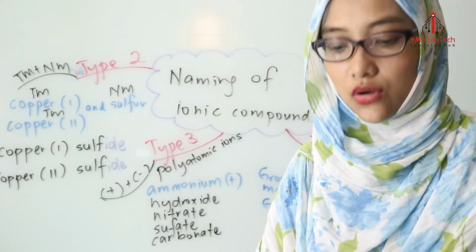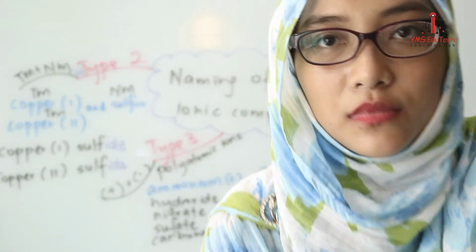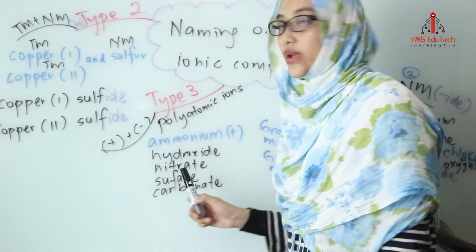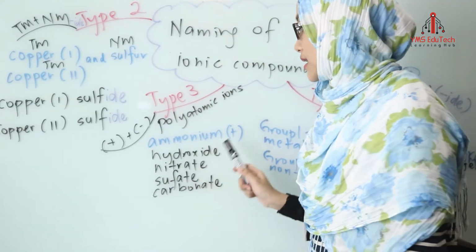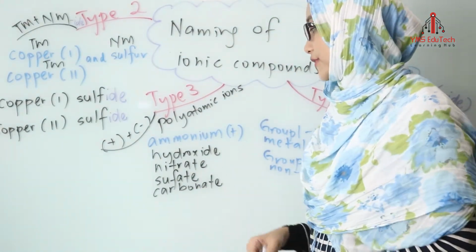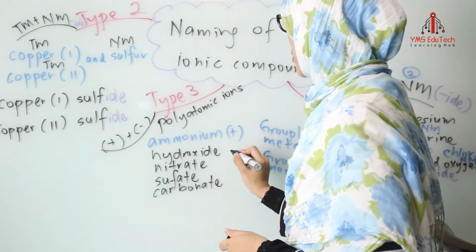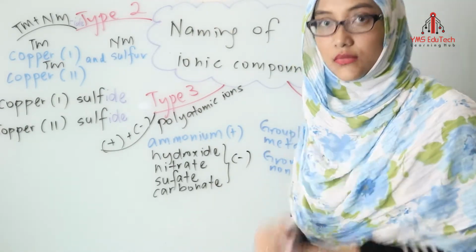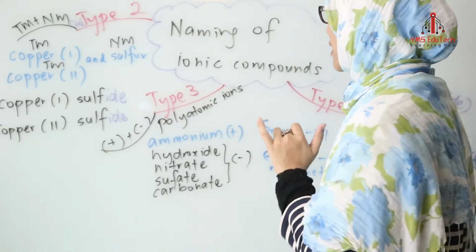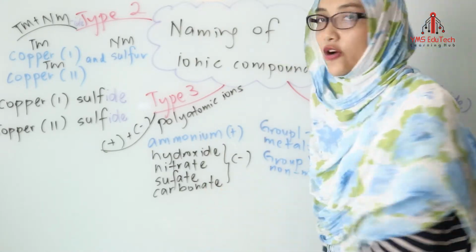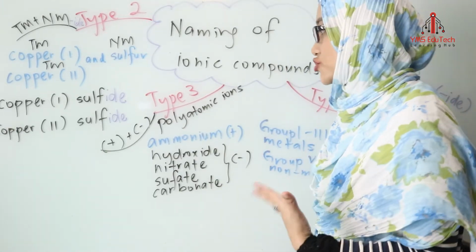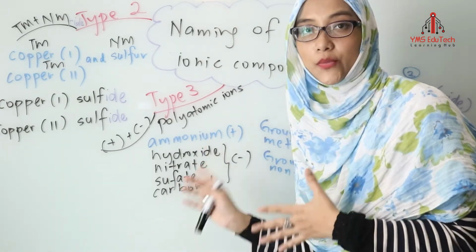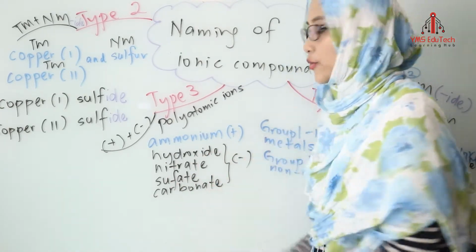So we have ammonium, hydroxide, nitrate, sulfate, and carbonate. These four are negative polyatomic ions. In naming compounds involving polyatomic ions, we need to write the positive polyatomic ion first, followed by the negative polyatomic ion.